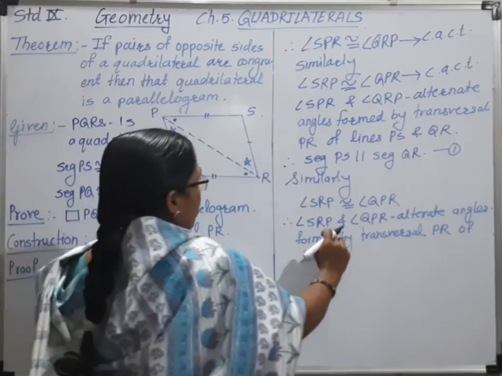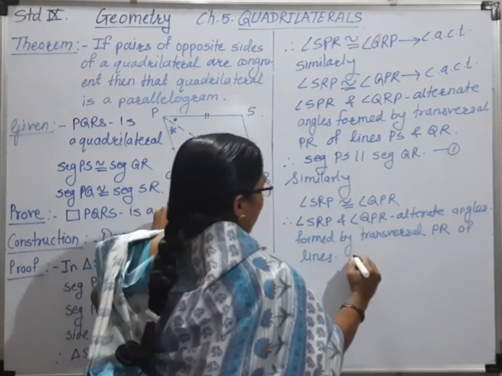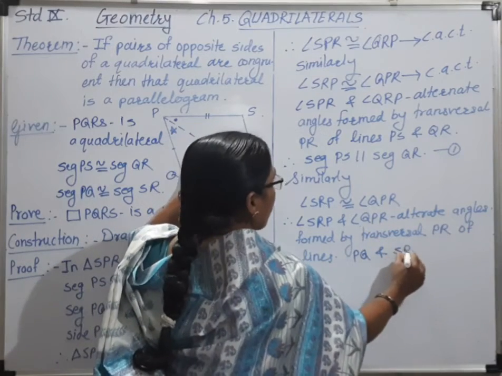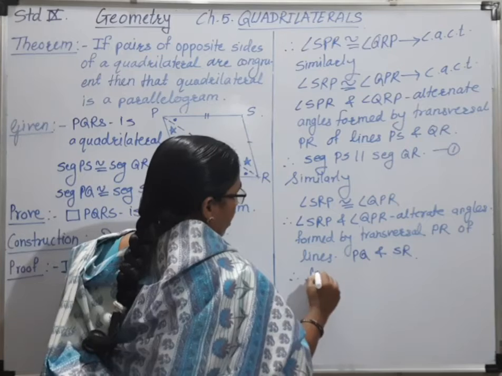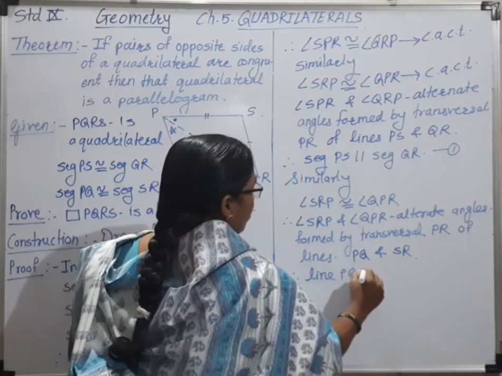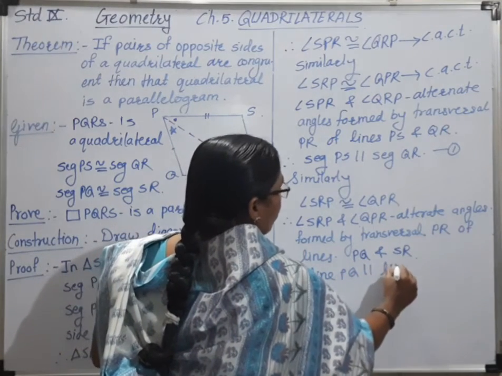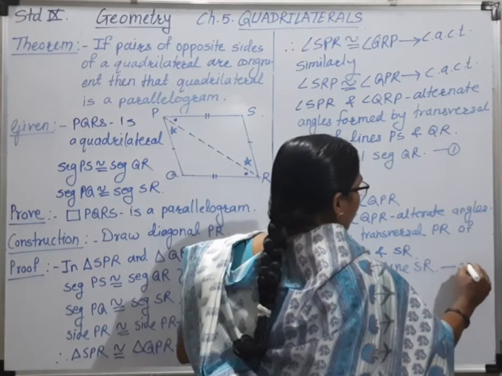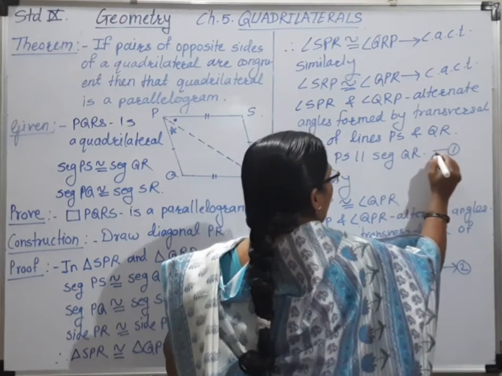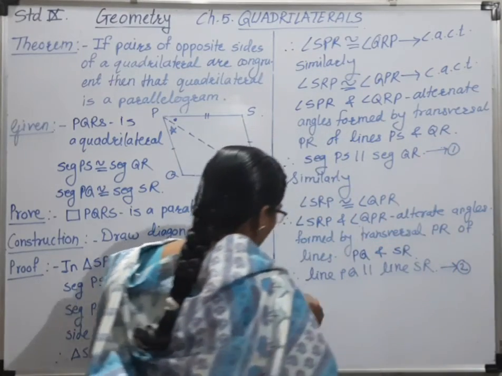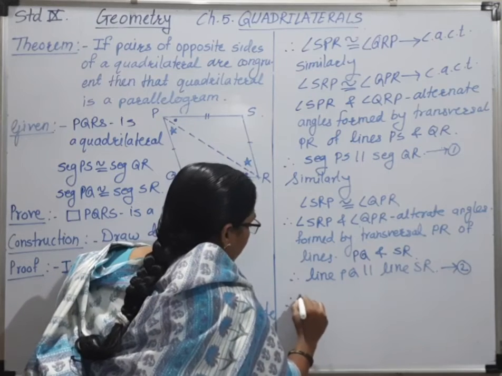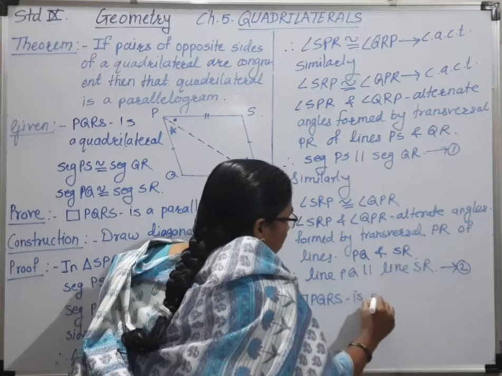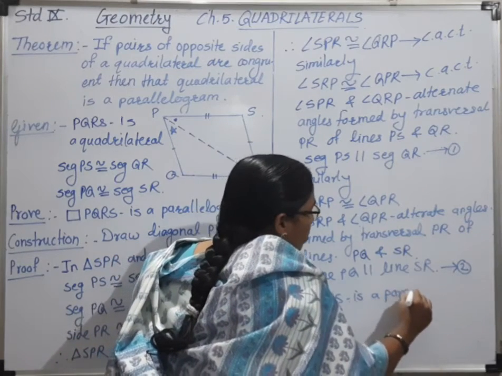Means here lines PQ and SR, and therefore line PQ is parallel to line SR, and from 1 and 2 we can write, therefore quadrilateral PQRS is a parallelogram.